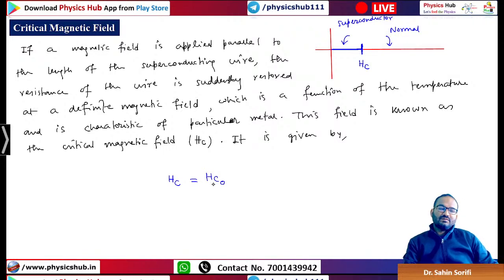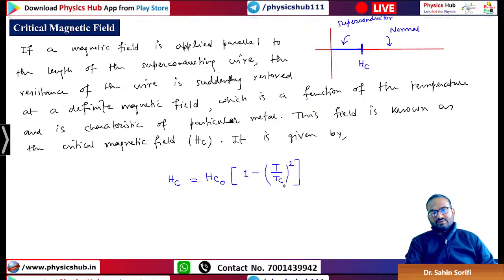You can easily understand, the critical magnetic field at 0 Kelvin temperature, into (1 minus T by Tc) whole square. Obviously, if you put T equals to 0, Hc will be equal to Hc0. So at 0 Kelvin temperature, the critical field will be Hc0.